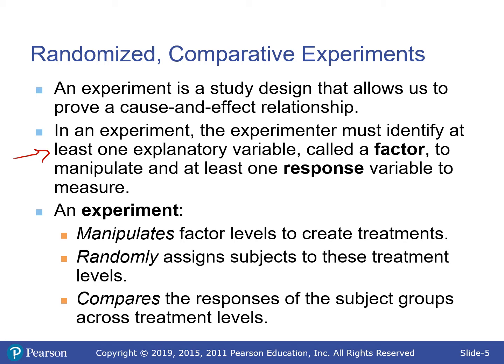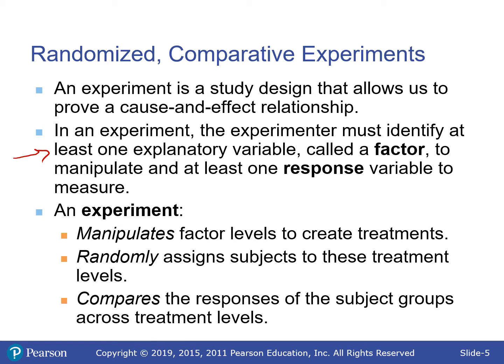It could be the amount of a supplement in the water that you're giving a plant. It could be whether or not there is a supplement in the water. So the factor level is just the amount of something that you're changing.